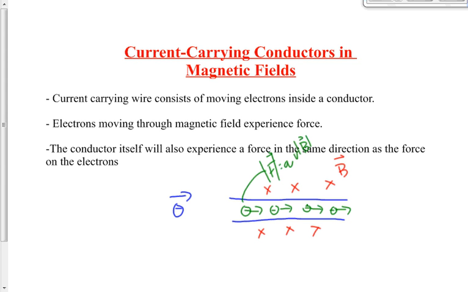Thumb, fingers, palm, the electrons are all directed downwards, and they all want to move in a circle like this. But as I said, none of them can because the wire prevents them from moving in the circle. So they kind of get mad at the wire. Hey, we want to go in a circle. So they drag the wire down with them. They say, if I'm going down, then you're coming down with me.